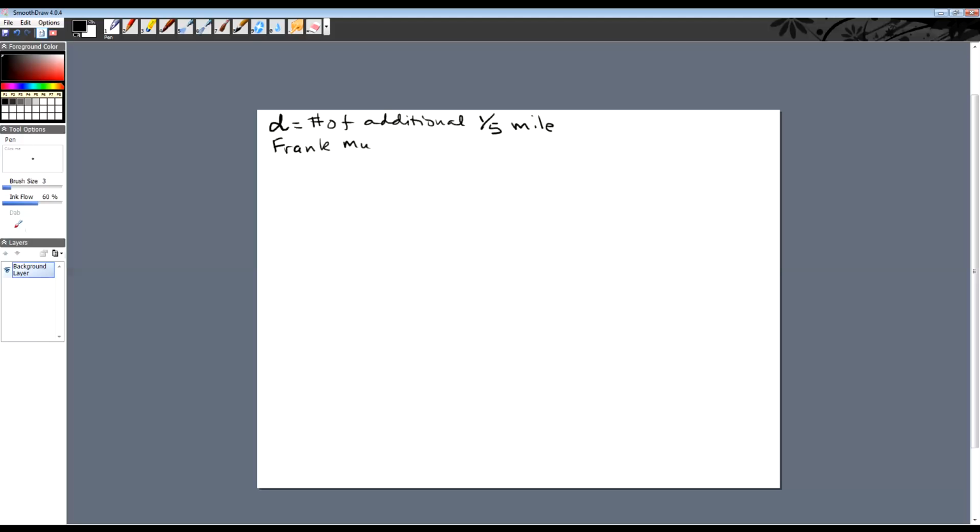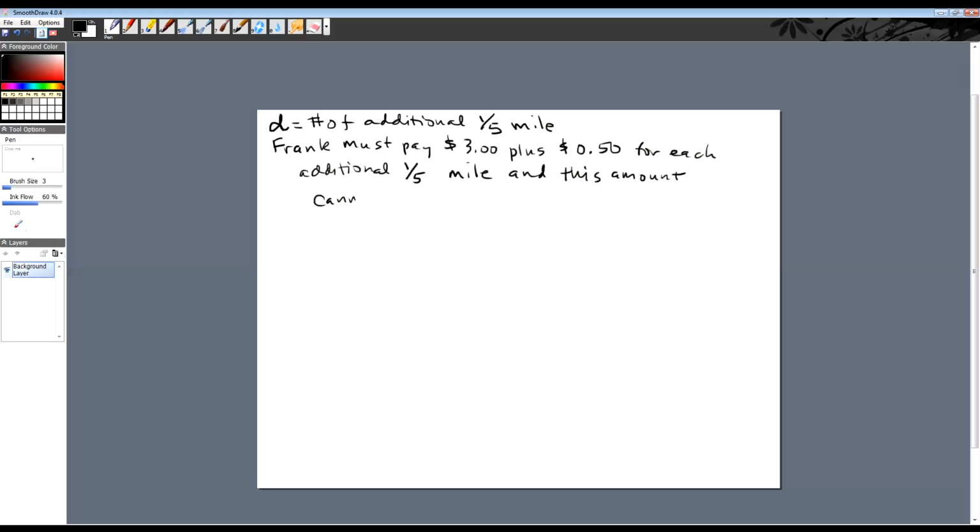Frank must pay $3 plus 50 cents for each additional 1/5 mile. And this amount cannot exceed $7.50. So we have an inequality.